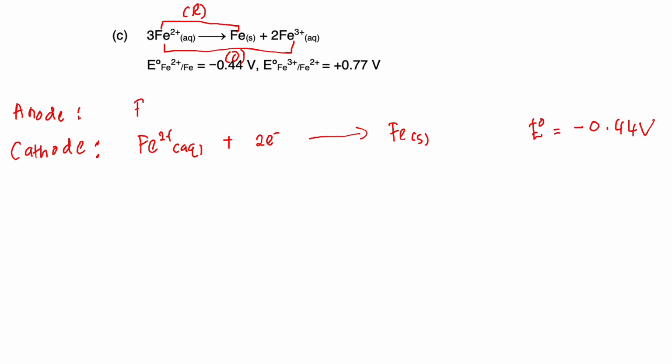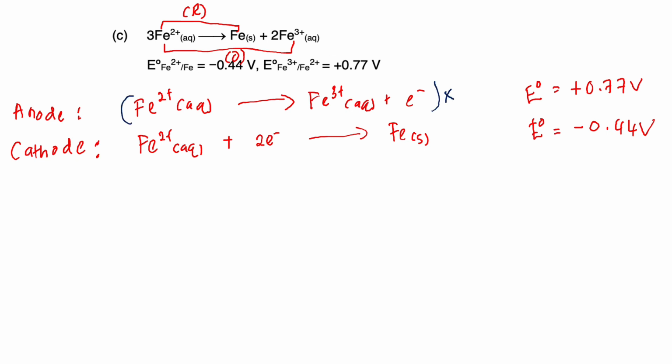We have Fe2 plus as well, but this time it produces ferrum 3 plus and 1 electron with the E naught equal to positive 0.77 volt. Now this one you have to times with 2 to balance the electrons at cathode. However, the SRP value will remain unchanged. Please remember that.